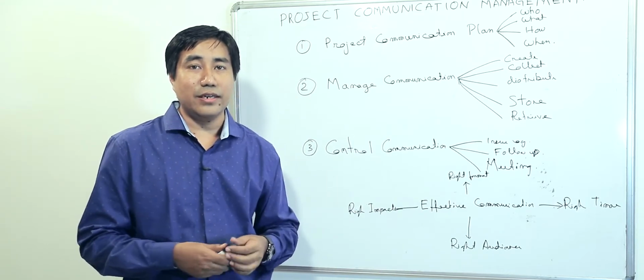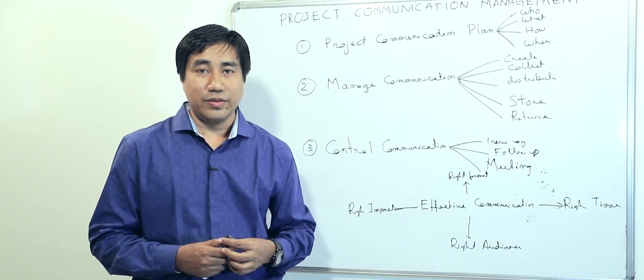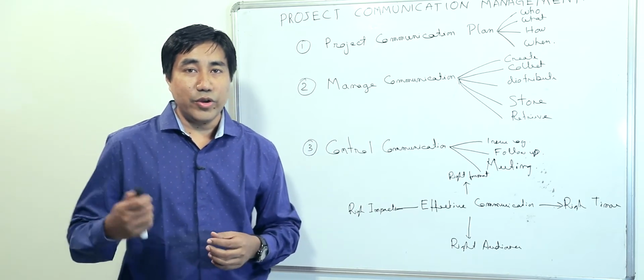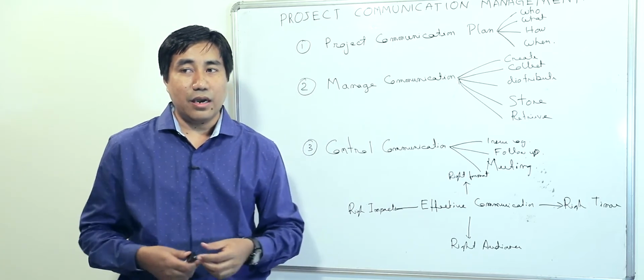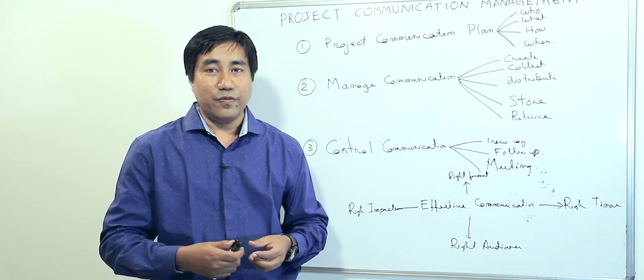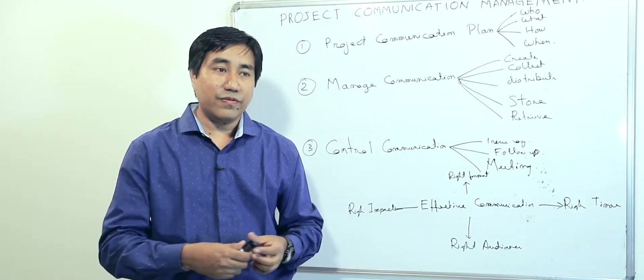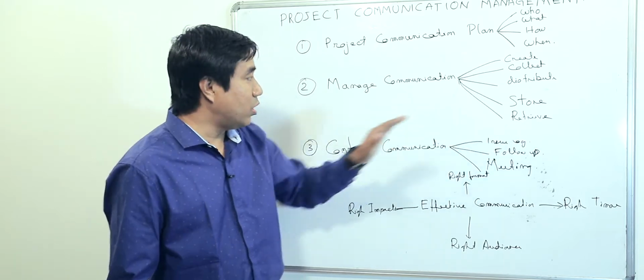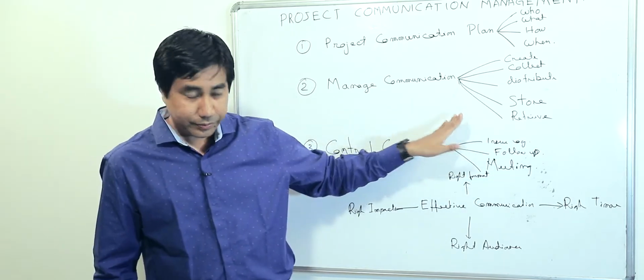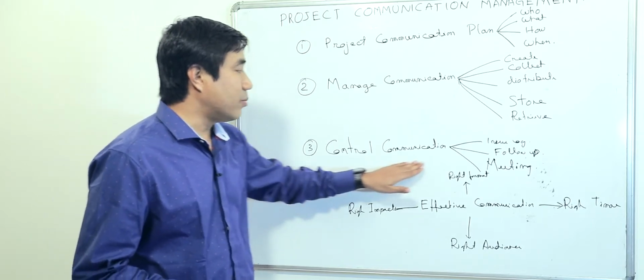For example, I sent a report a few days back, and we are going to discuss the report today. How will I retrieve the information in a very fast way? That is also defined in the retrieval. This is all about managing the communication. The next phase is control communication.